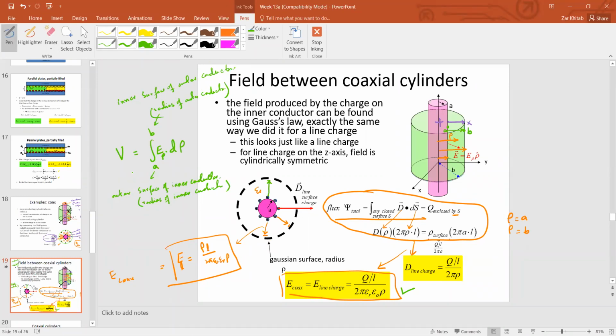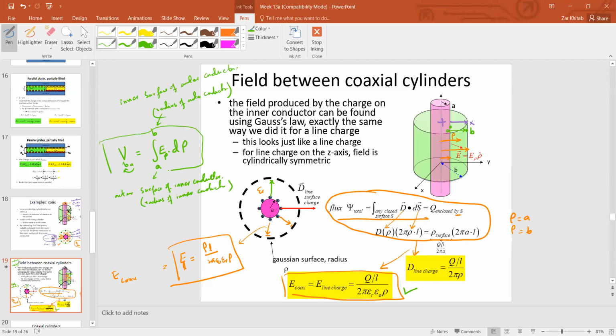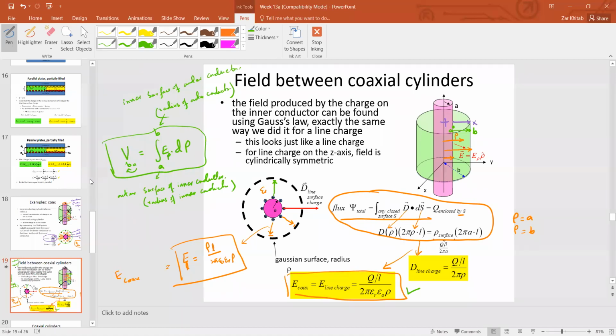So if I know this, I can really calculate the voltage V_BA from A to B, the voltage between those two points.